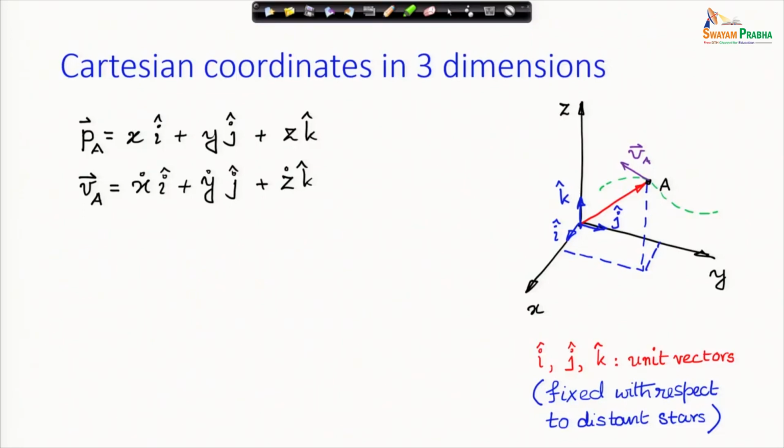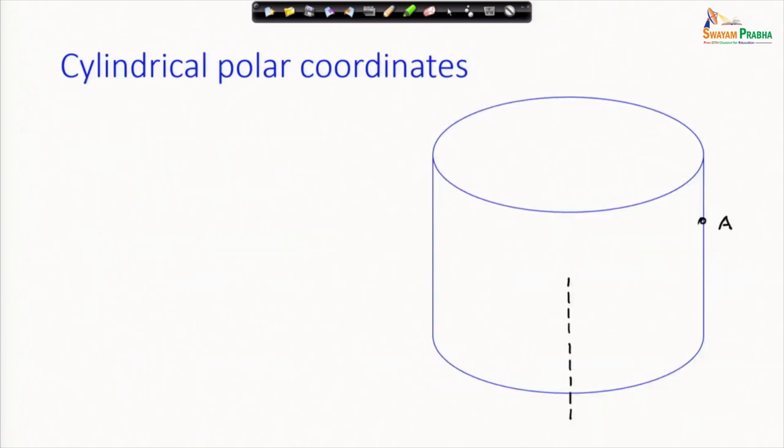There is no derivative of the frame vectors because they are fixed with respect to distant stars, so they do not change direction or rotate, and the derivatives vanish. Similarly, I can differentiate the velocity expression once again to get the acceleration expression. This is straightforward.